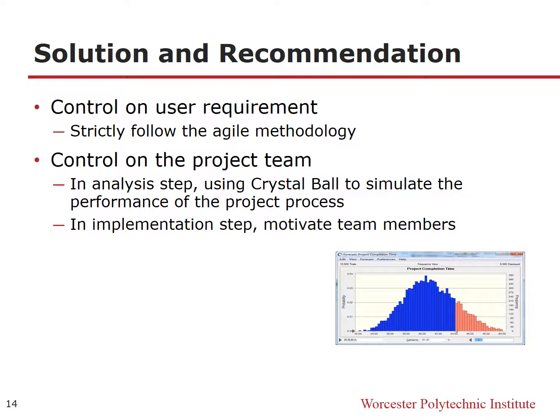It's not fixed, but if we are lucky and learn it too fast, it could be 6 days. So we use Crystal Ball to simulate the performance of the total project, including the optimistic and pessimistic estimations.